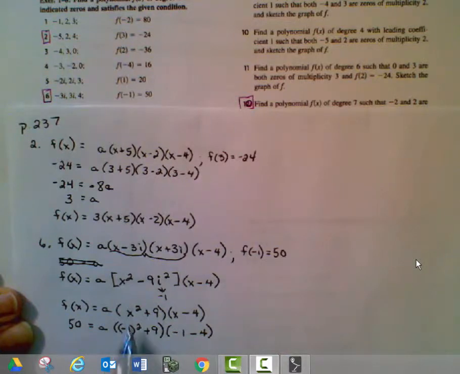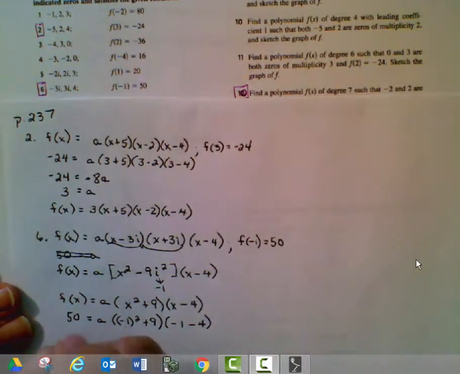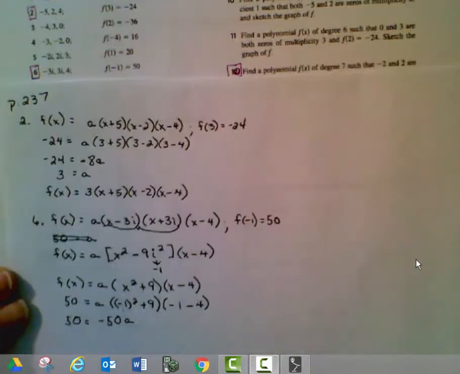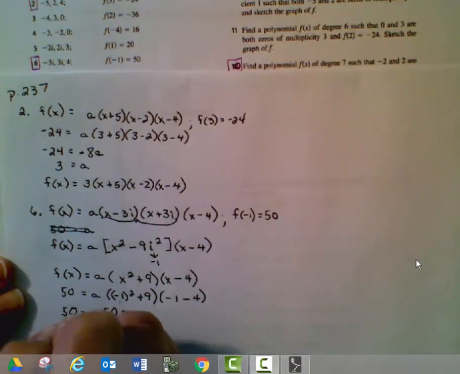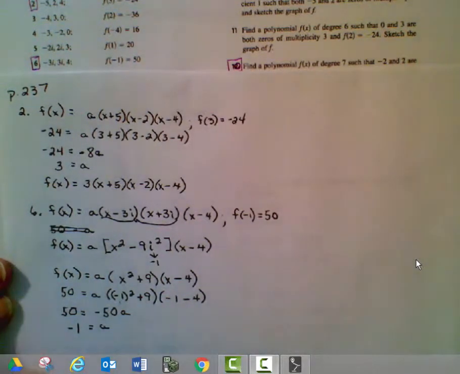I put -1 in place of both x's. And then I'm going to simplify that right-hand side. This would be 1 plus 9 is 10. This would be 10 times -5 is -50. So the value of a, the coefficient we're looking for, is -1.